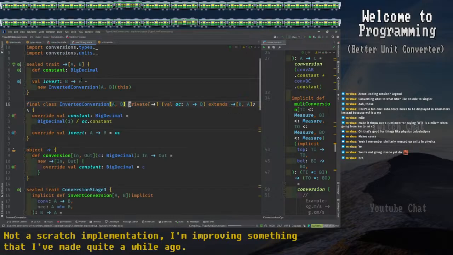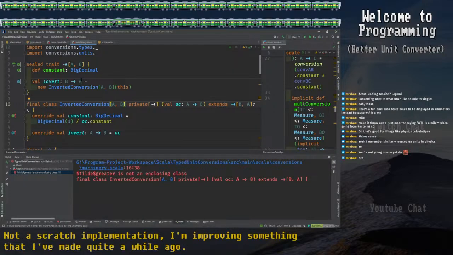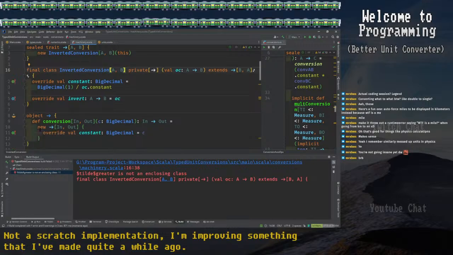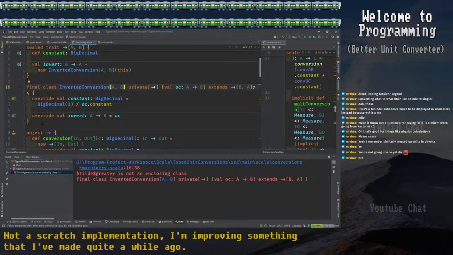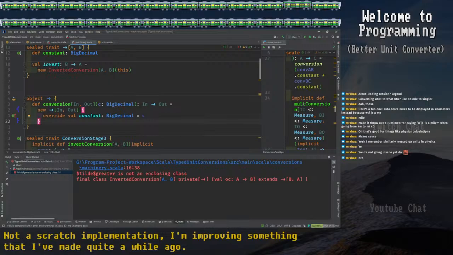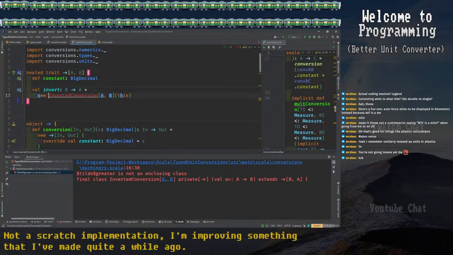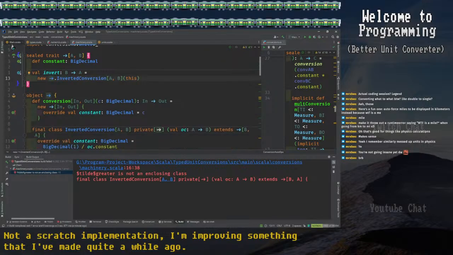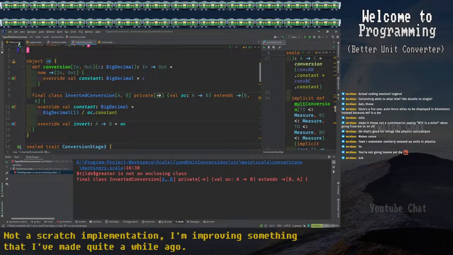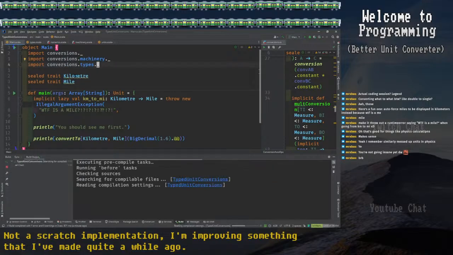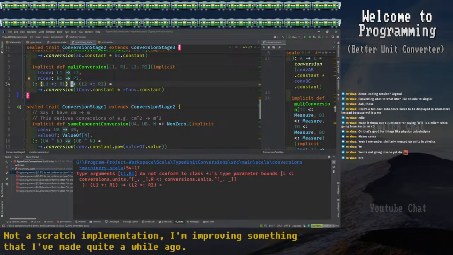Now this should work. Oh, come on. All right, I'll instead put it in here. Can I then do this? Can I do that then?